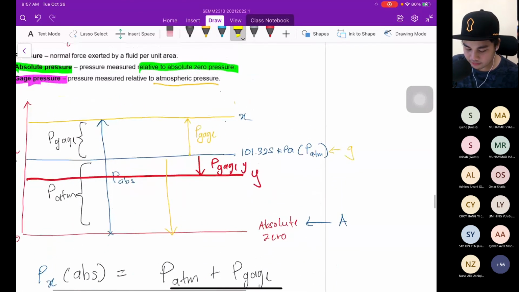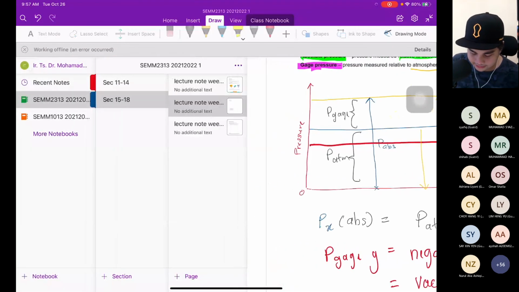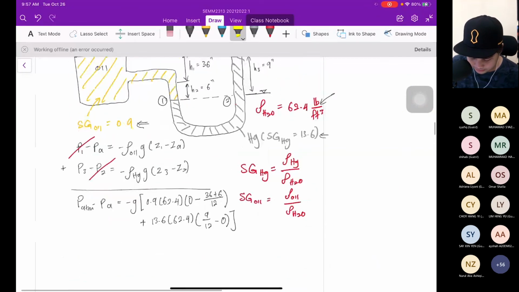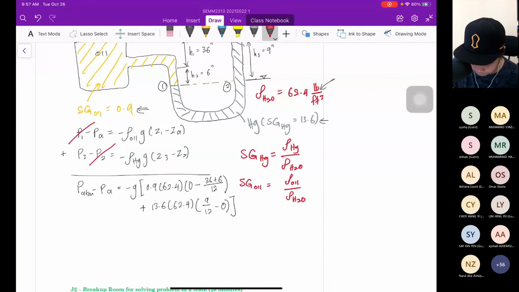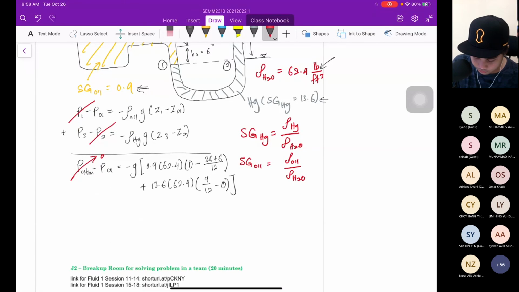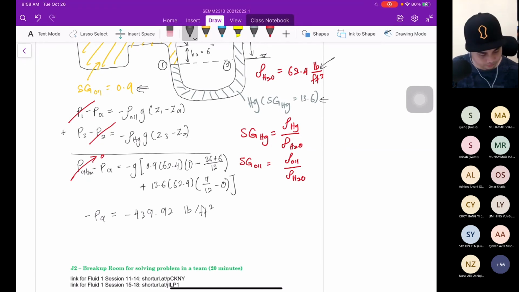When atmospheric becomes the reference, that means it is equal to 0. So PATM equals 0 because this is the gauge request. So from here, negative PA equals, you calculate everything, you will get negative 439.92 pound per feet squared.